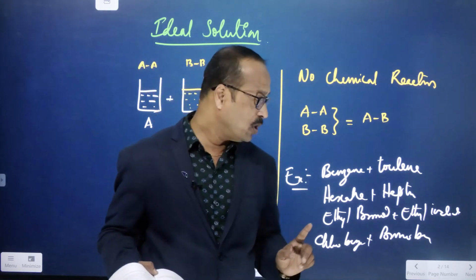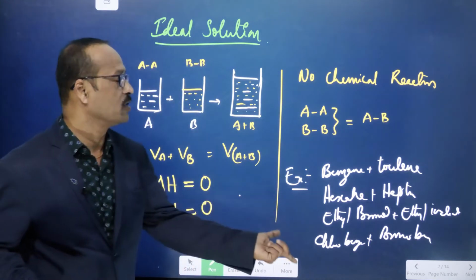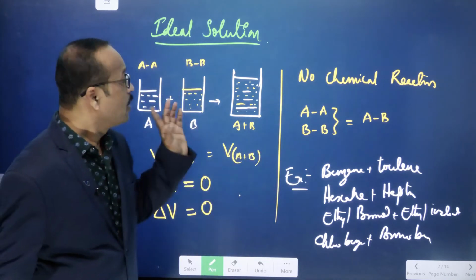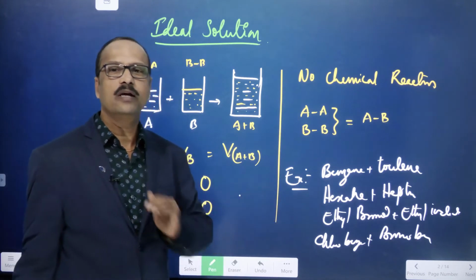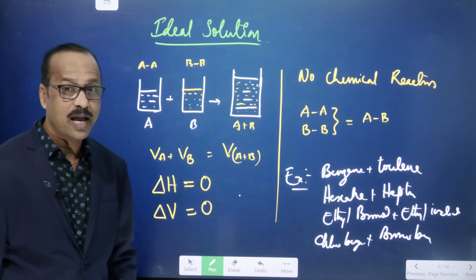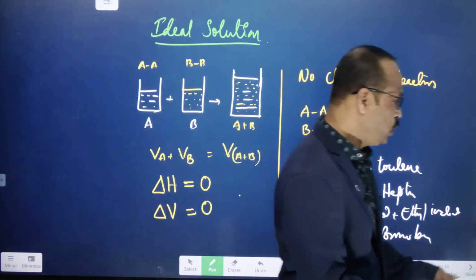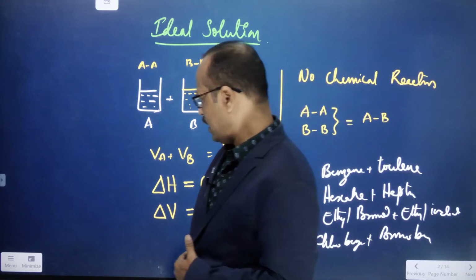The meaning is that delta H is not equal to 0 and delta V is not equal to 0. That's all, so they are called non-ideal solutions. Remember this, just put not equal to there. Clear, students? Any doubt here? Now let's go to the next one.